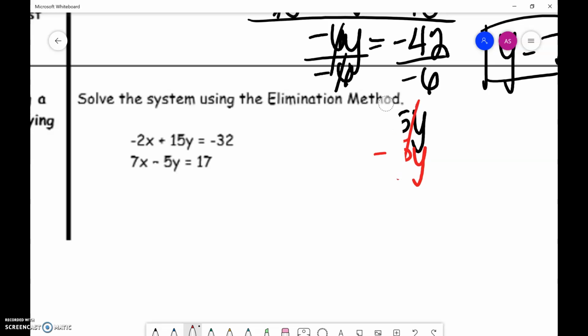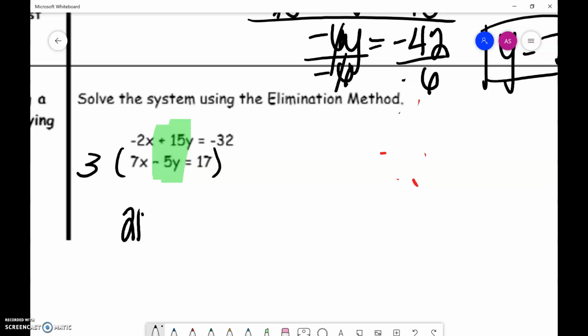So I want to think about, if I have negative 5y, I'm going to have to multiply that by 3 in order to get negative 15. So what I'm going to do from here is multiply this whole equation by 3. So I have 3 times 7x, 21x.